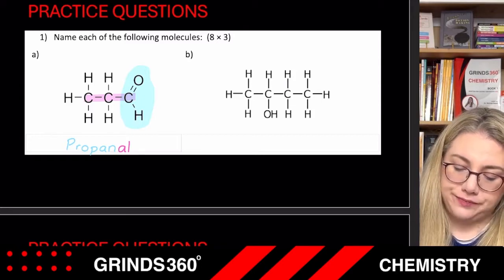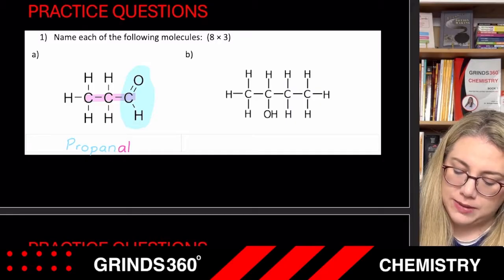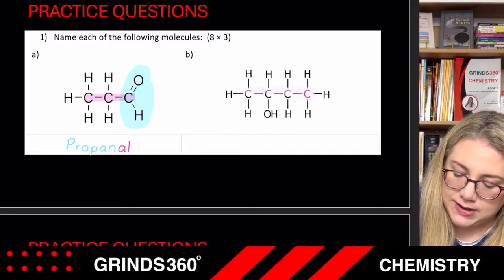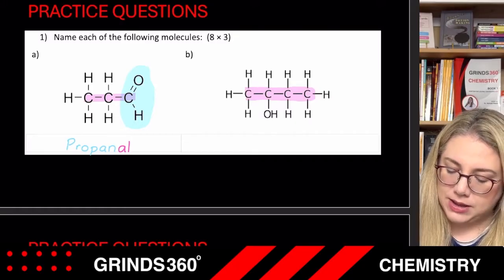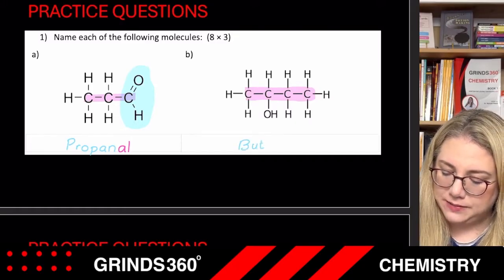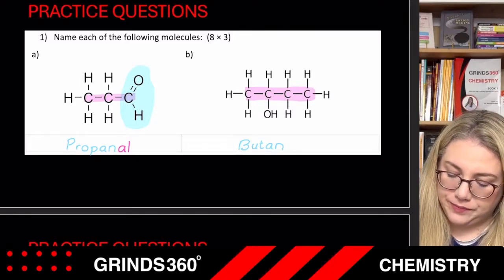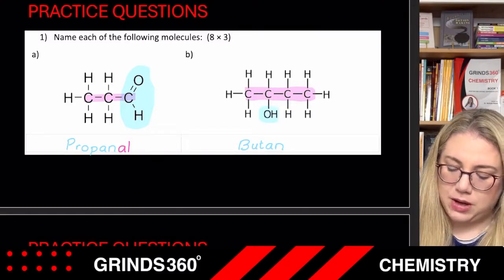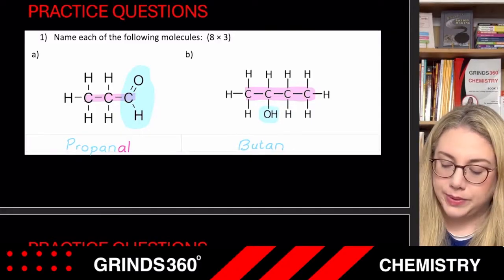The next one, we count the longest number of carbons in the longest straight part of the chain first. We have 4 carbon atoms in the longest straight part of the chain, so it's butan. Then we go looking for the family group. The family group on this molecule is an OH, which remember is an alcohol group.